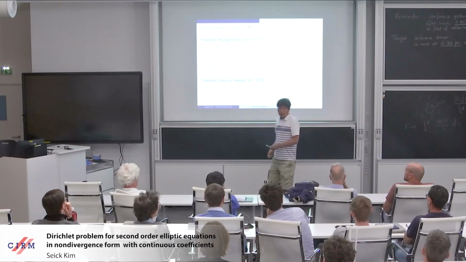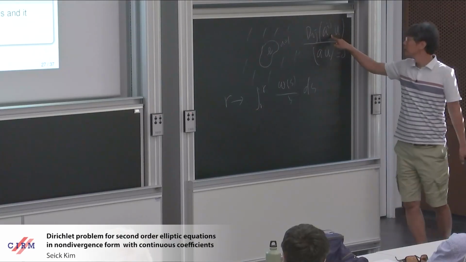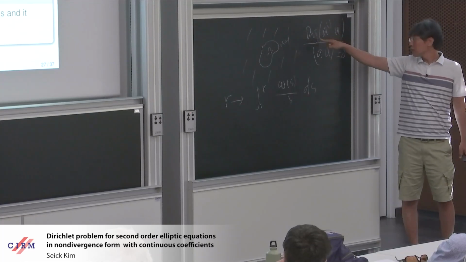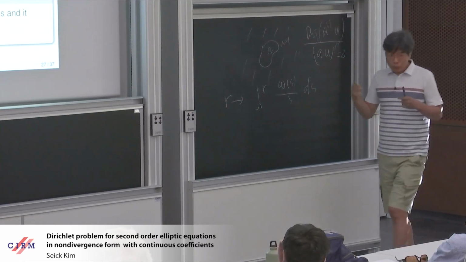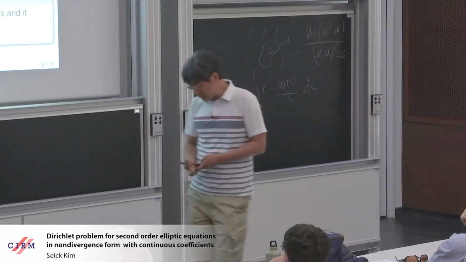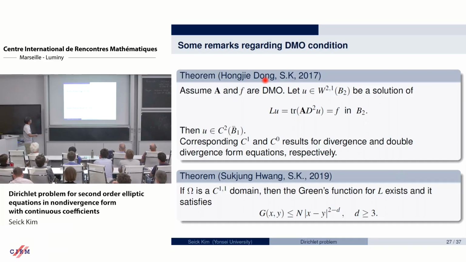If a is just continuous, the solution to this equation is not necessarily bounded. So you do need some more restriction, and this is the weakest thing you can get. If you assume Dini MO, you can get C^0 regularity.